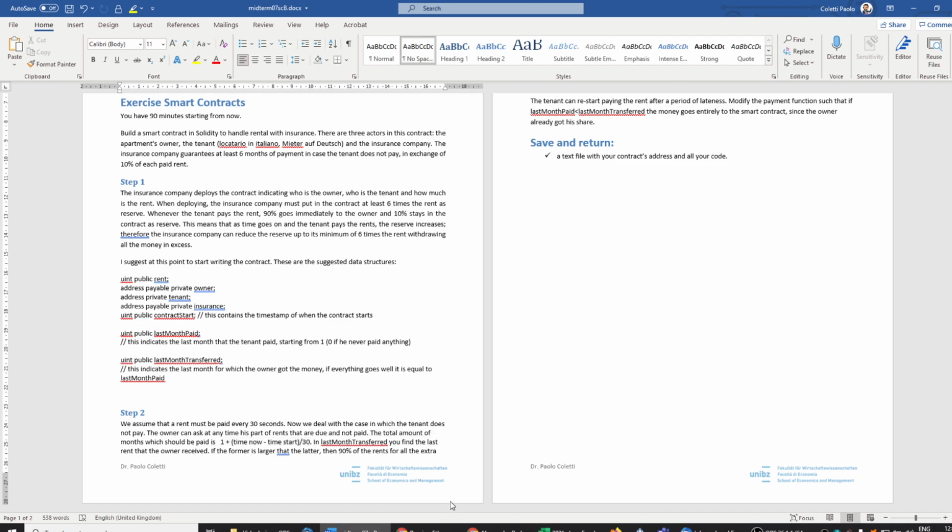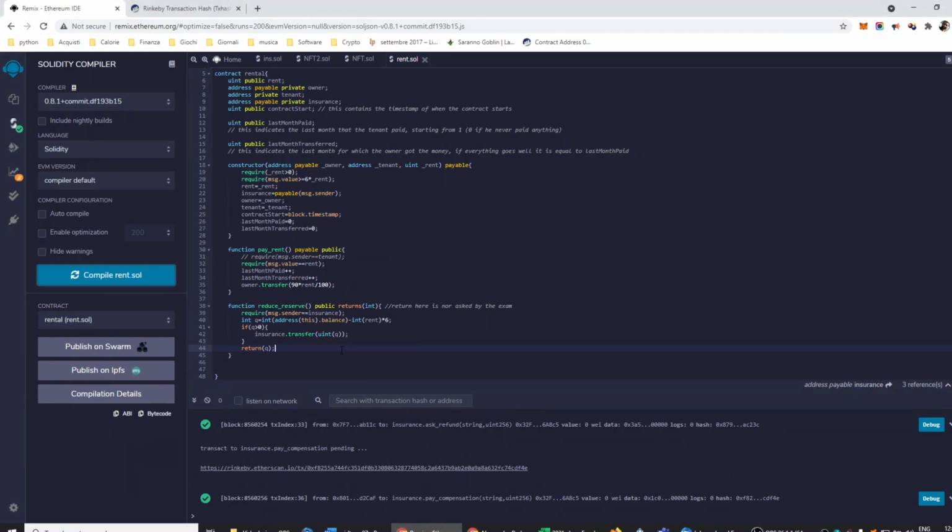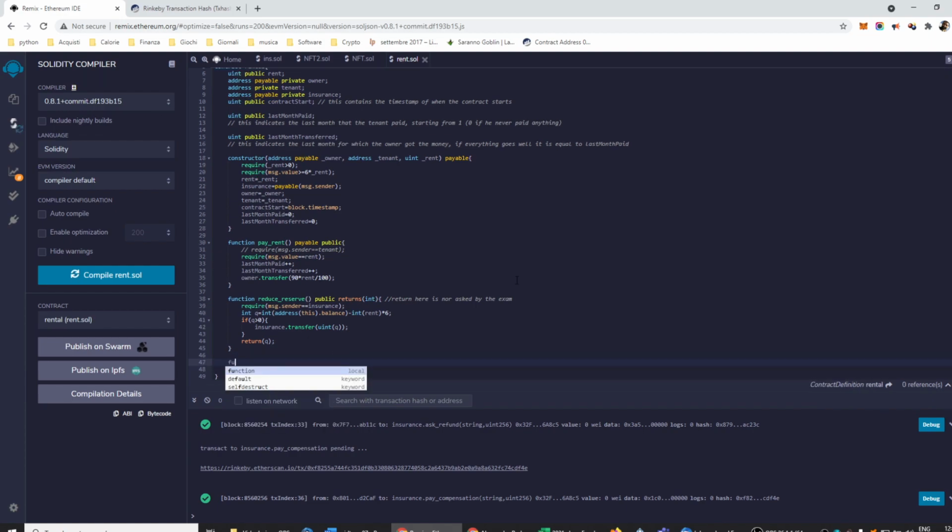Okay, so this is the total amount of months. So we build a function getRefund.